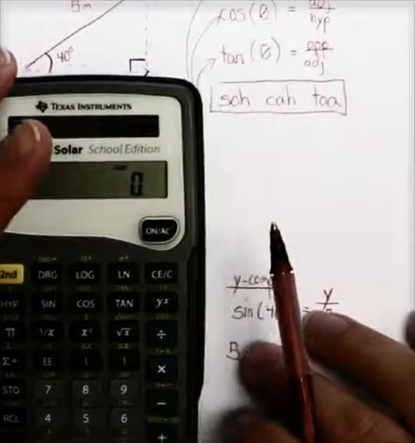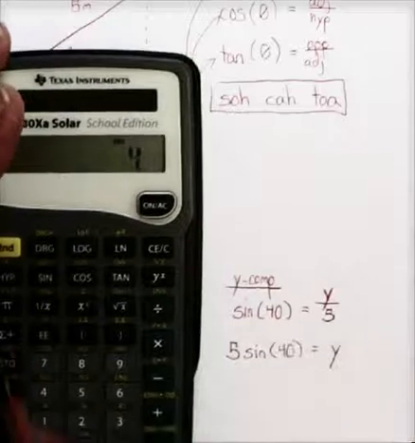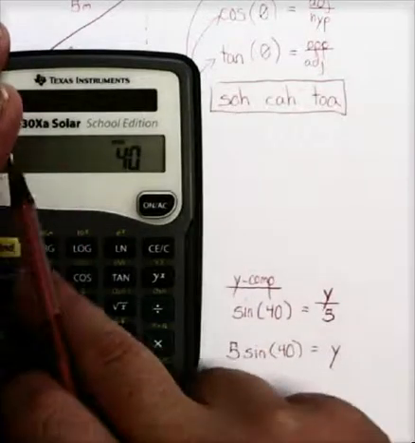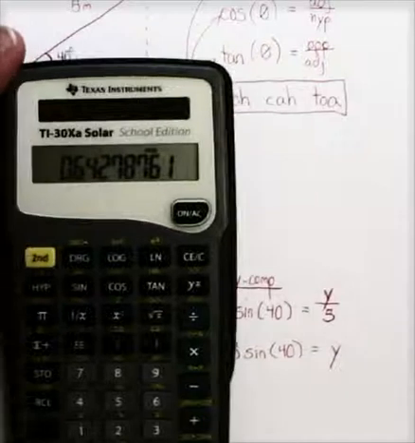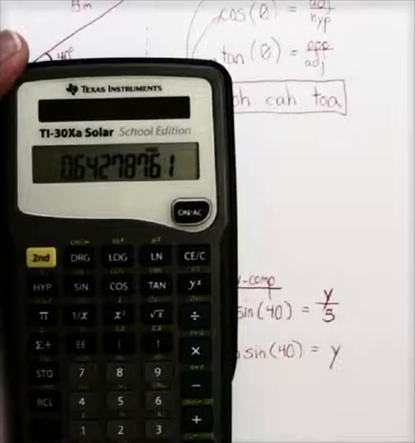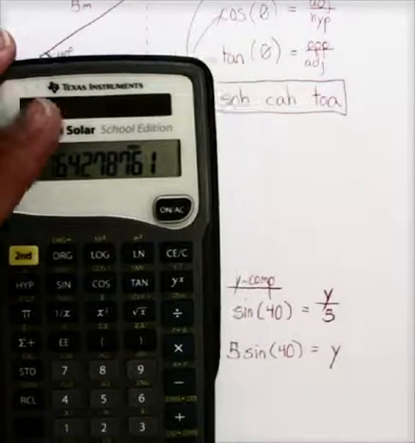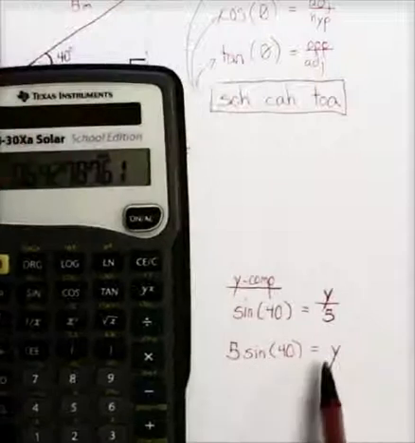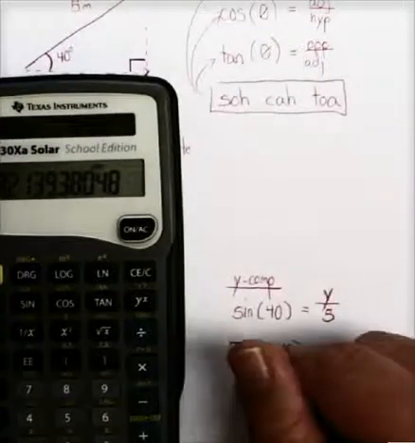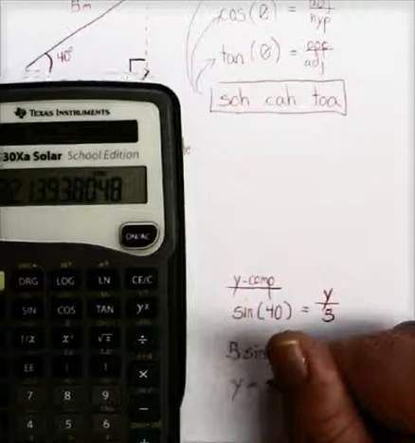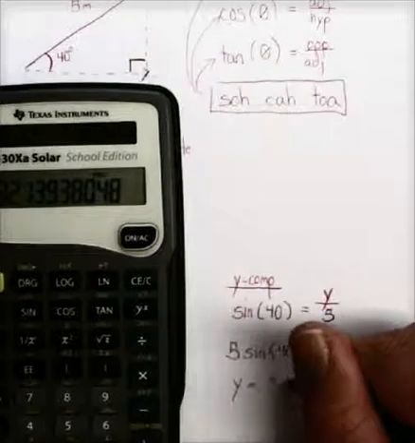Now all you're going to do is enter in 40 and then hit the sine function. This tells you that the sine of 40 is 0.642, and so on and so forth. I want to take all of that times 5, and for the length of my y component, I'm just going to round off to the hundredths place here.